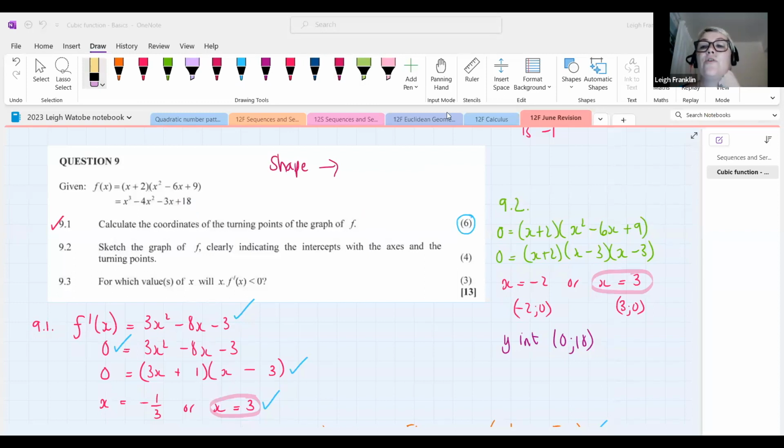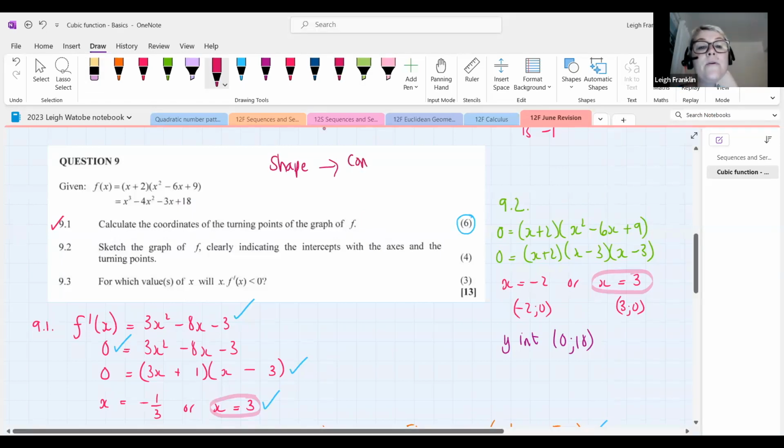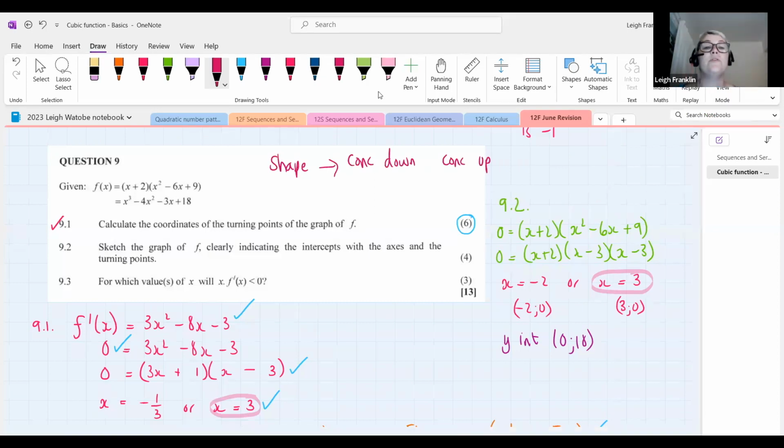That's it. Good. So first it is concave down, and then it is concave up. We need to consider all of these things before we start sketching. Good. Well done.